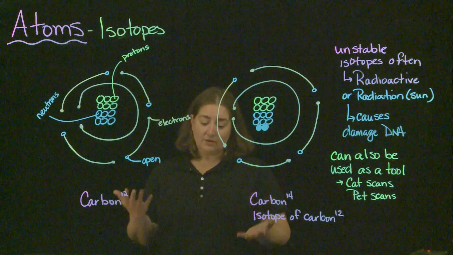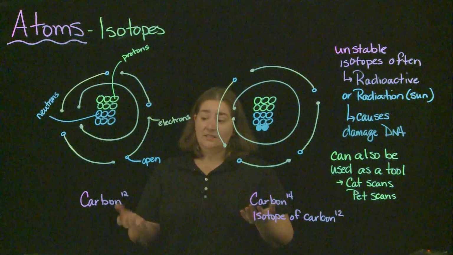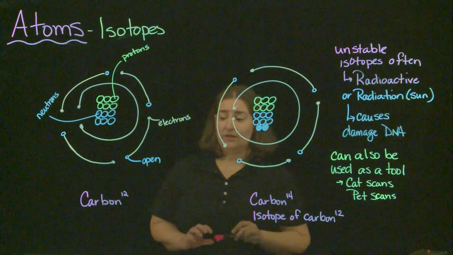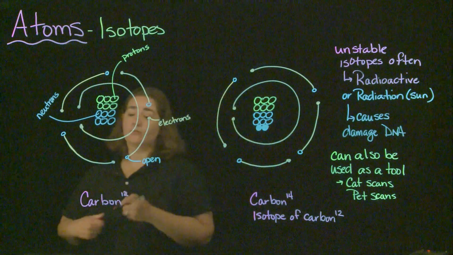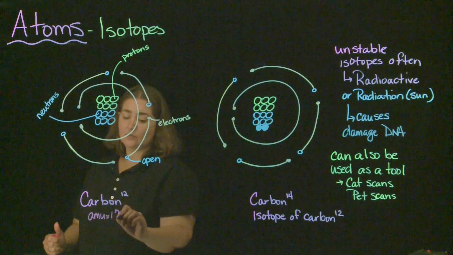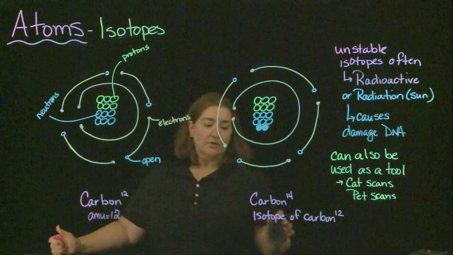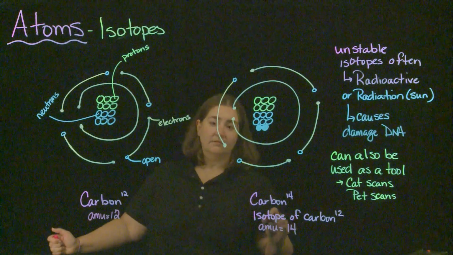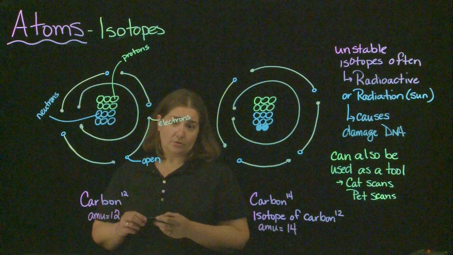So in terms of our mass with carbon 12 and carbon 14, our carbon 12 atomic mass is still going to equal 12. But our atomic mass associated with carbon 14 is going to be larger. It's going to be 14.